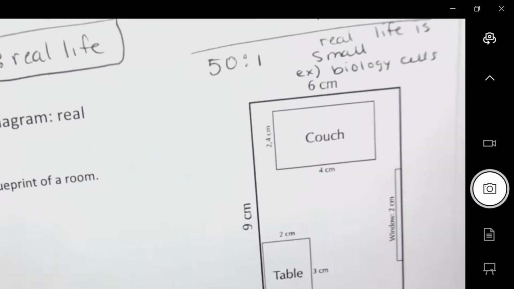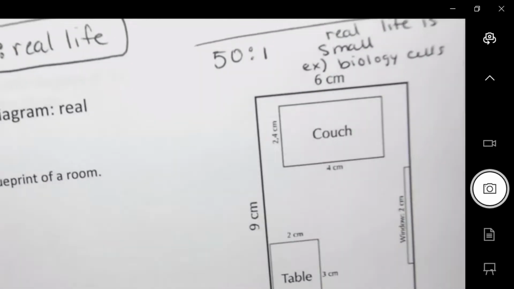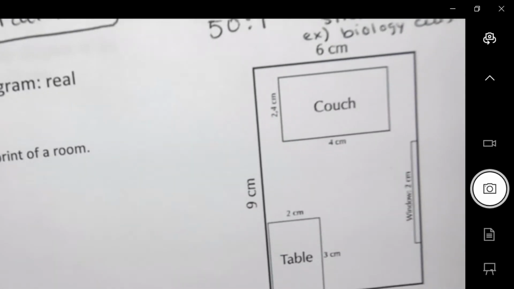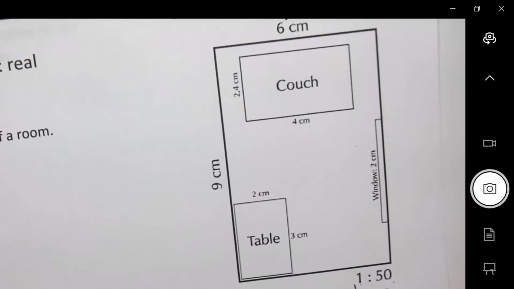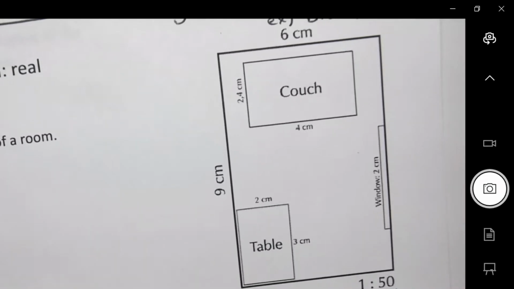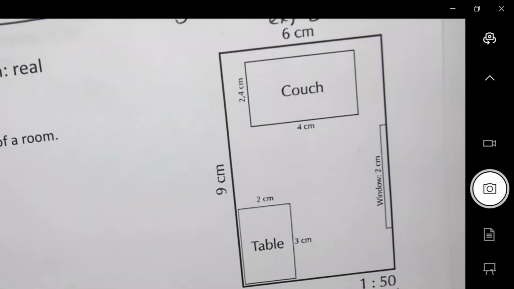Okay. Here is a house plan, a room drawn. So it says 1 to 50. So diagram to real life. Okay, what are the actual dimensions of the room? Convert measurements to meters. Okay, so the room is 6 centimeters.